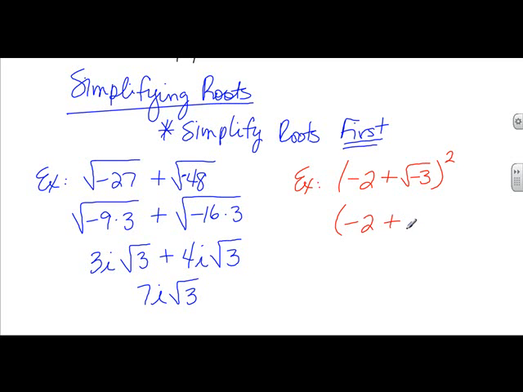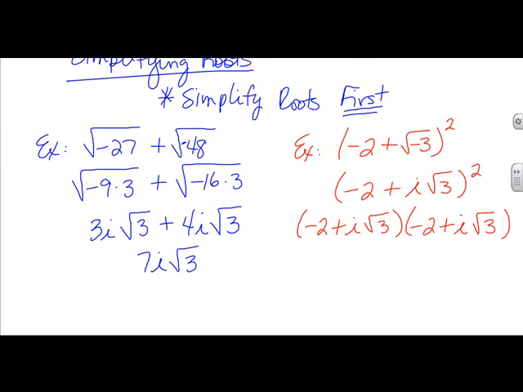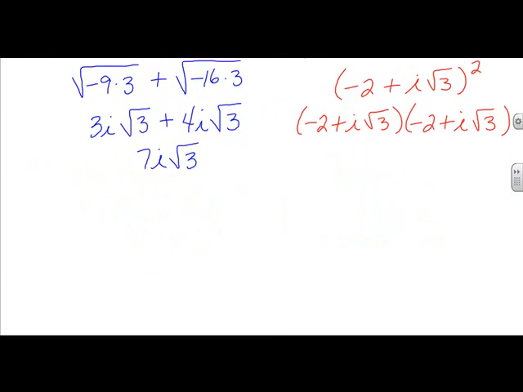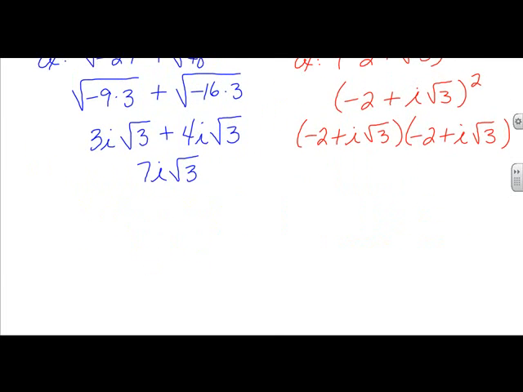Pull out i, because that's really all we can do with that one. And now multiply negative 2 plus i times the square root of 3 times itself. Now notice we are not multiplying complex conjugates there. So you actually have to work it all out.